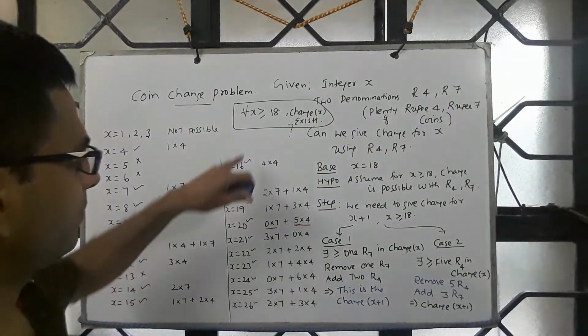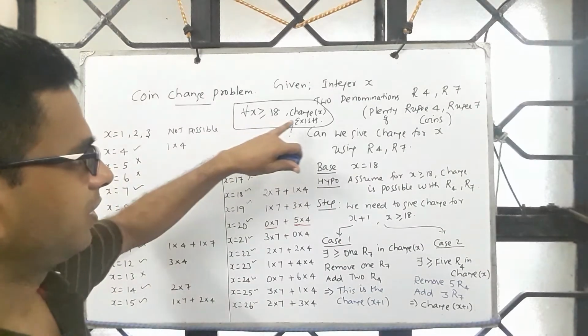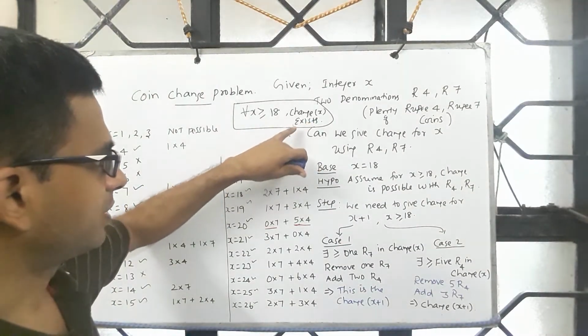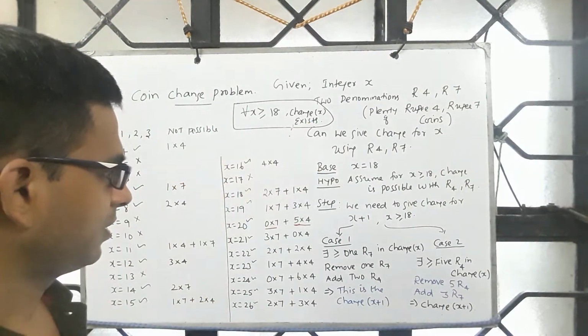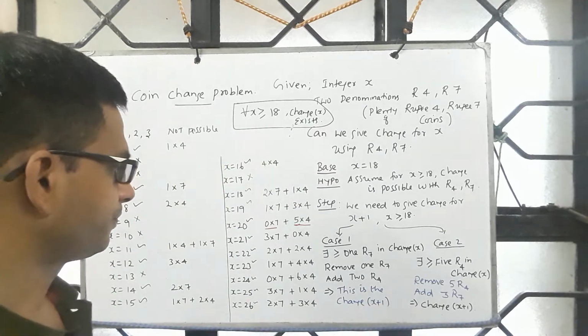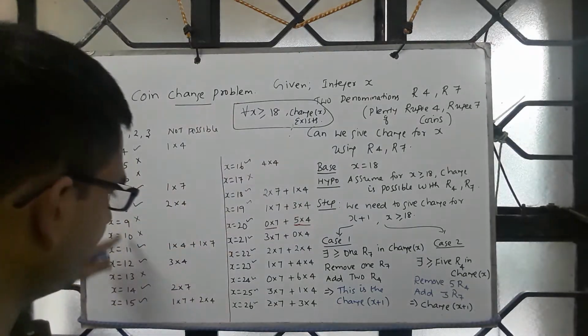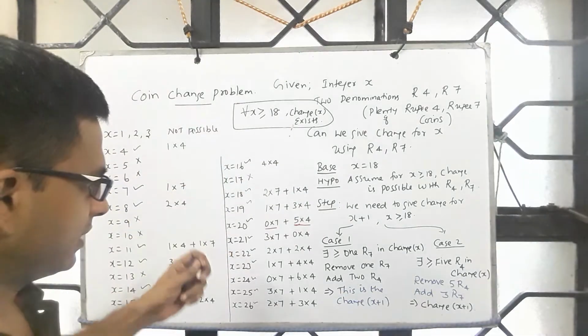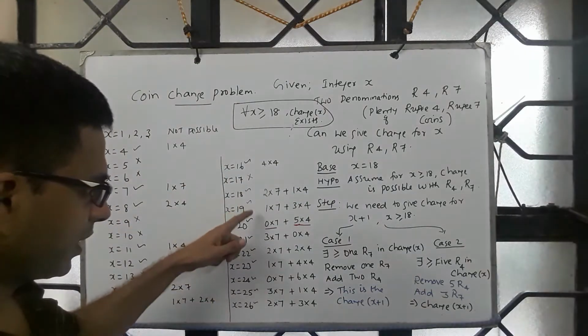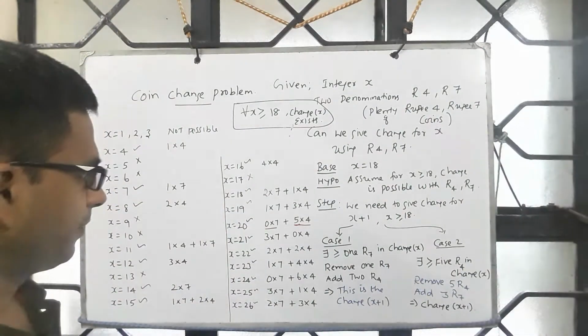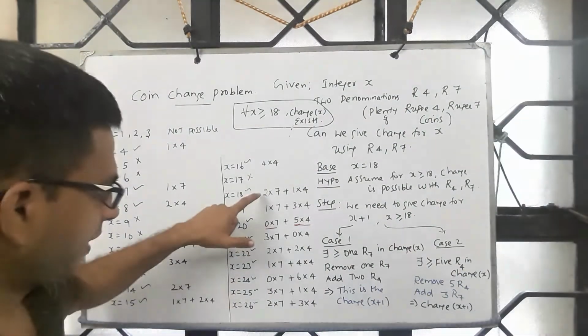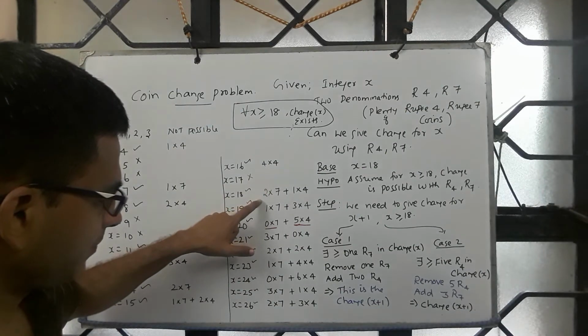So starting from 18, change of x exists, and here is a proof. Identifying the right base case was a challenge, so we have experimented. Not just that, we also got a pattern. Pattern meaning we were able to see at least 1 7.